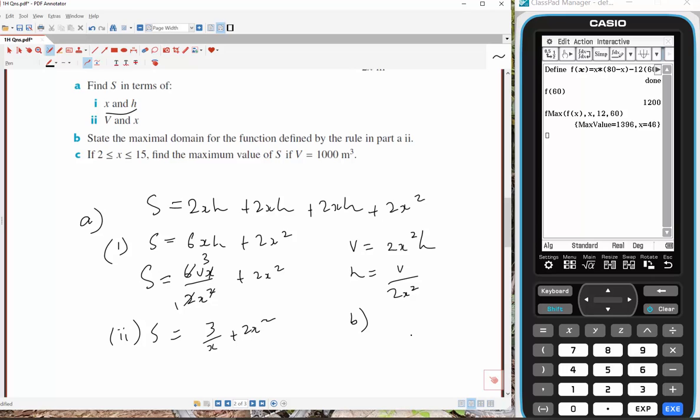For part B, I think it's just x is an element of, well, we can't pop 0 in because that will be undefined. It's going to be 0 to positive infinity, I think.